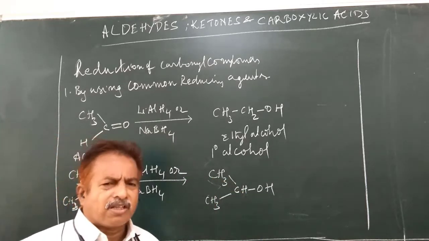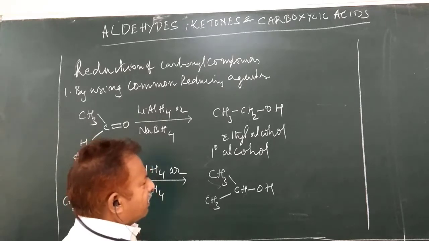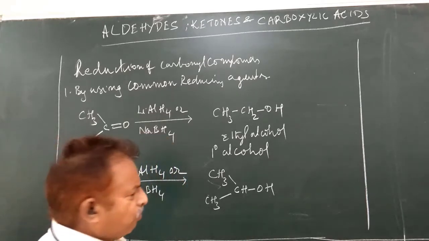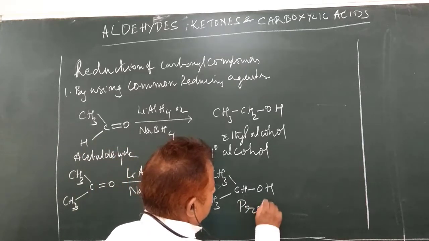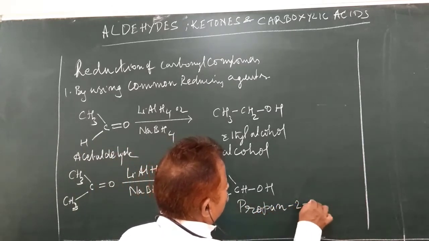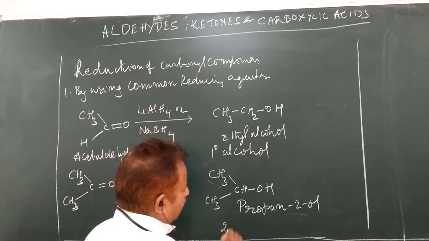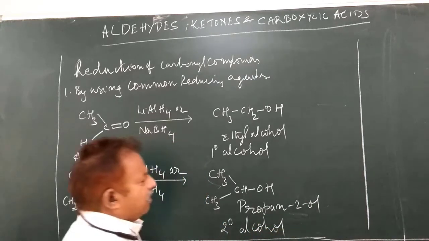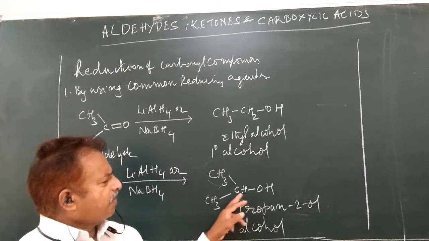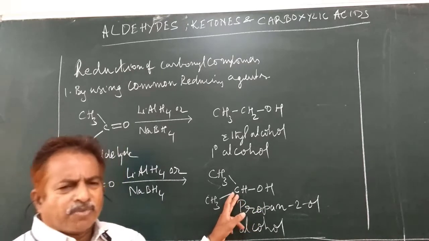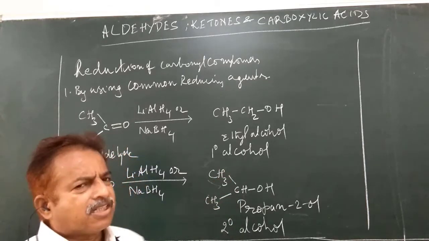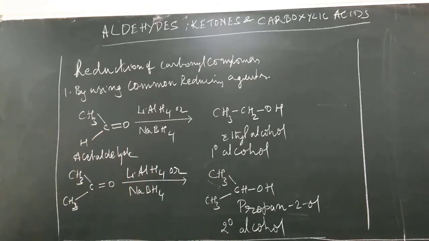Alcohol group is present on second carbon atom. Therefore, it is isopropyl alcohol or propan-2-ol. This is propan-2-ol IUPAC name. This is secondary alcohol. Functional group is present on this carbon atom. Carbon bearing functional group is connected to 2 more carbon atoms. Therefore, it is secondary alcohol.